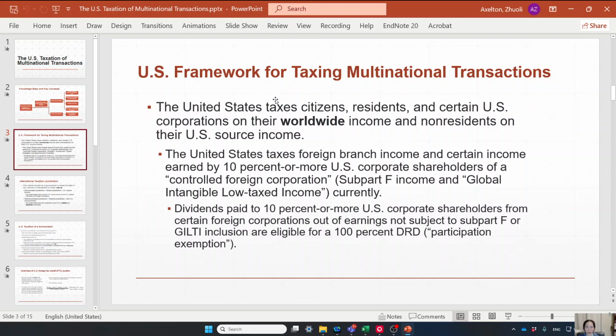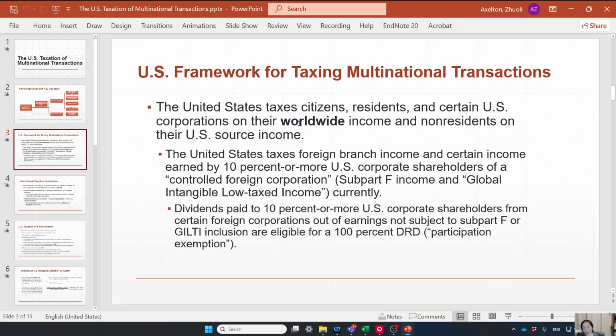Okay, so what is the framework for taxing multinational transactions, especially for outbound transactions? This is the general idea. The United States taxes citizens, residents, and certain U.S. corporations on their worldwide income, and non-residents on their U.S. source income. So it covers both.